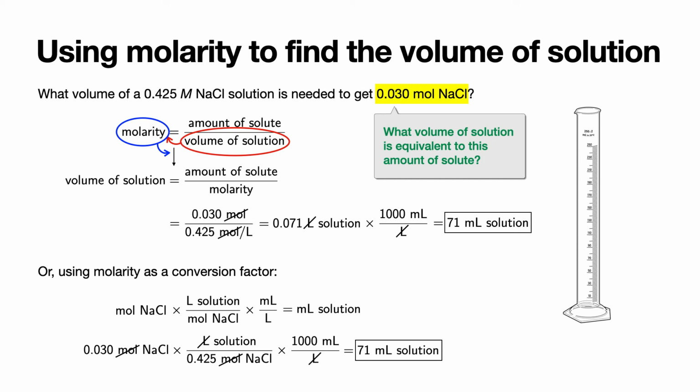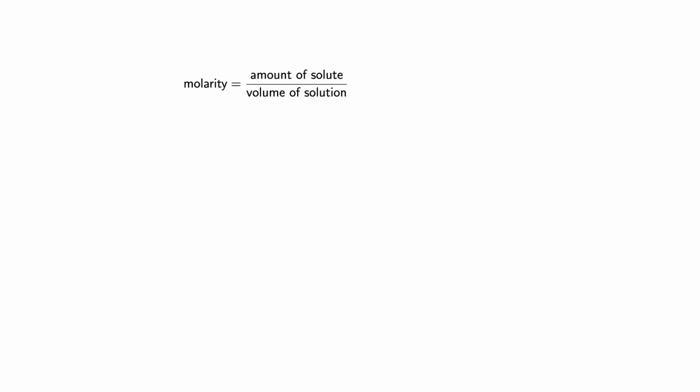So to summarize these relationships involving molarity, molarity is defined as the amount of solute divided by the volume of solution, and so it has units of moles per liter.